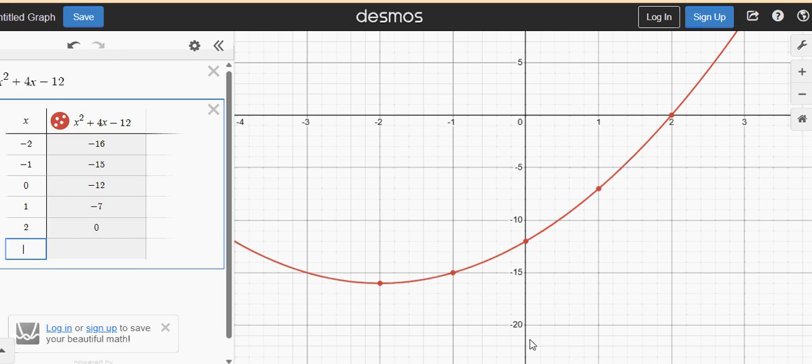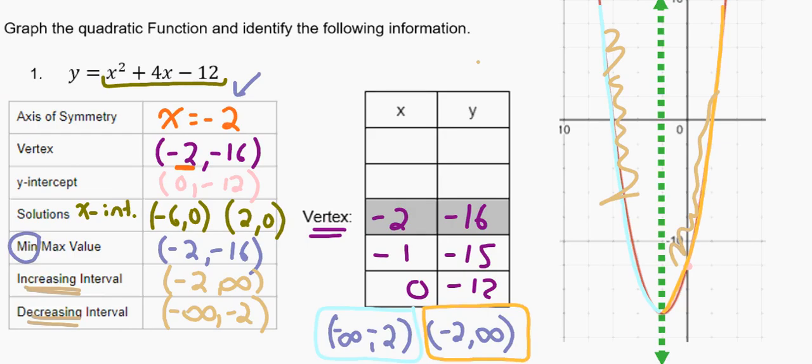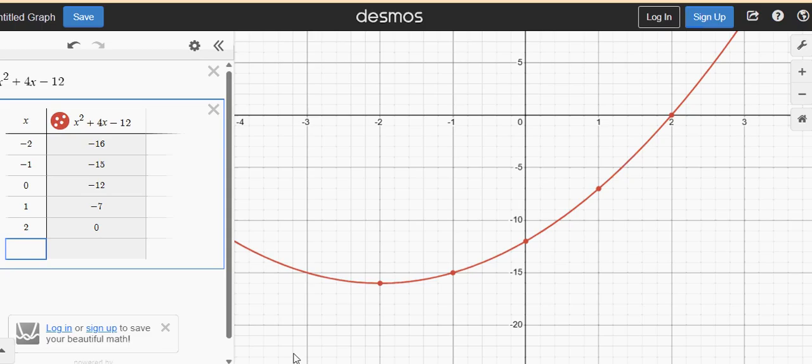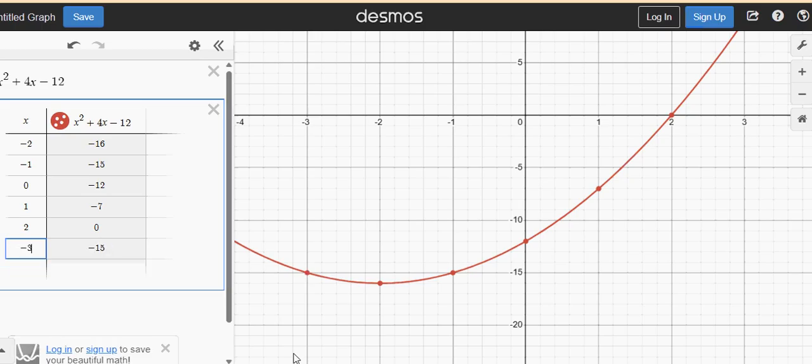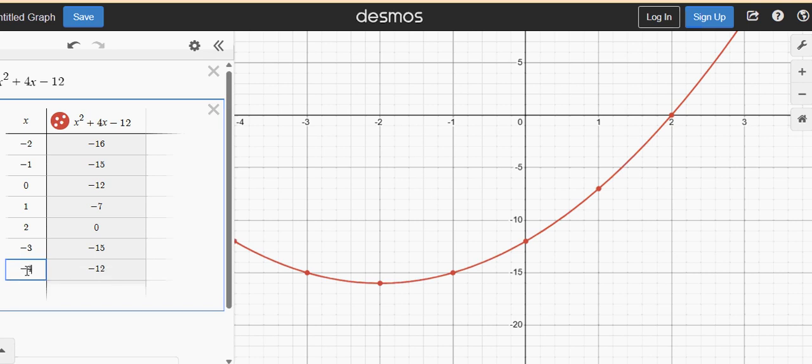If we're going backwards, think about a number line: -2, then -3, then -4. If we want to know what happens there, we just go back to Desmos and do -3, and it tells us -15. We want to know -4: -4, -12. Wait a second, those numbers sound familiar, right?